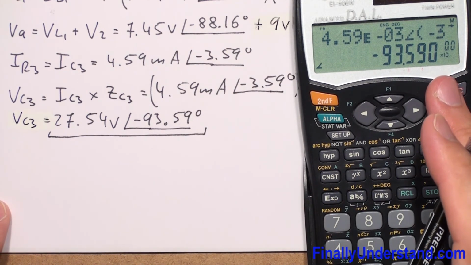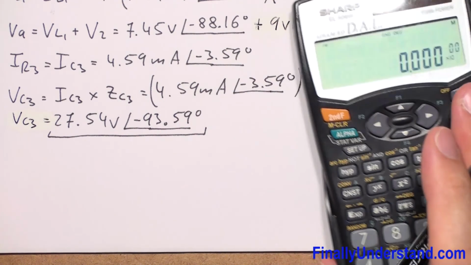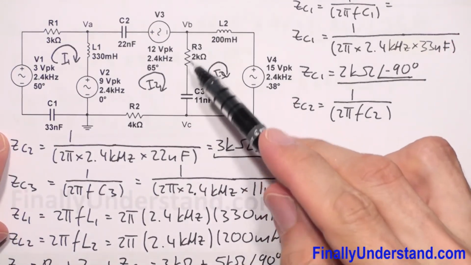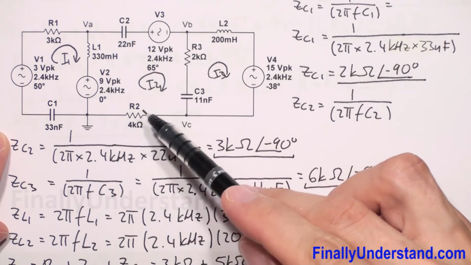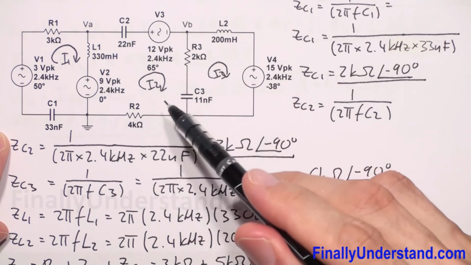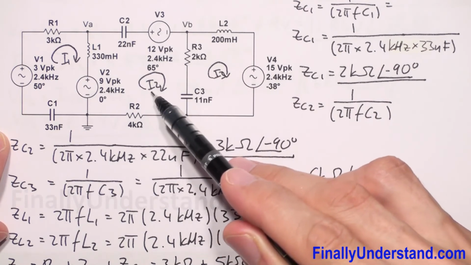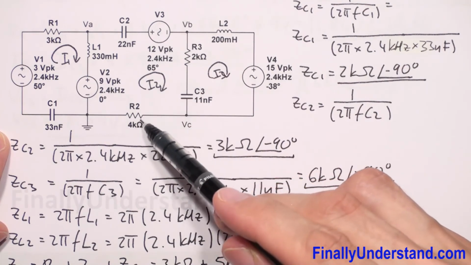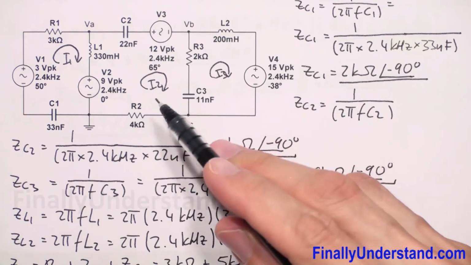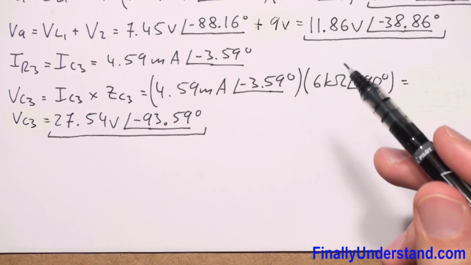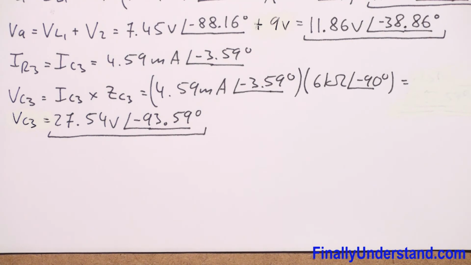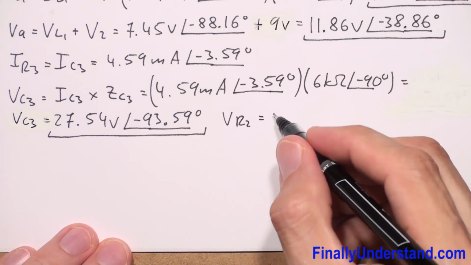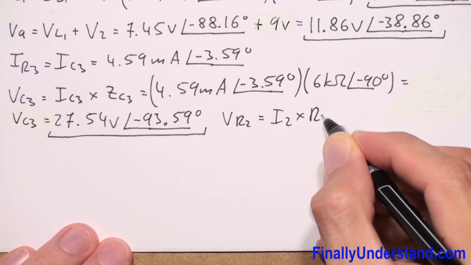So next, I'm supposed to find the voltage across resistor R2. Why? Because resistor R2 is on my way to the reference point, that's why I have to find this voltage. Please notice that the current which goes through this resistor is equal to I2. So we have already I2 and we have resistor R2. We can find the voltage across this resistor by simply multiplying I2 by R2. So VR2, let me write this down over here, VR2 is equal to I2 times R2.